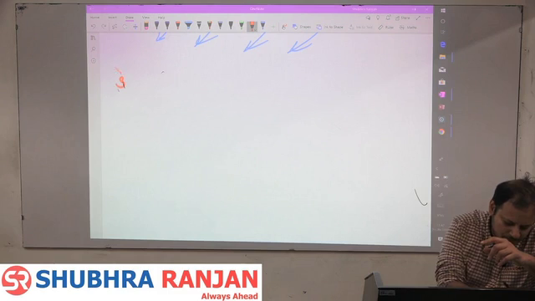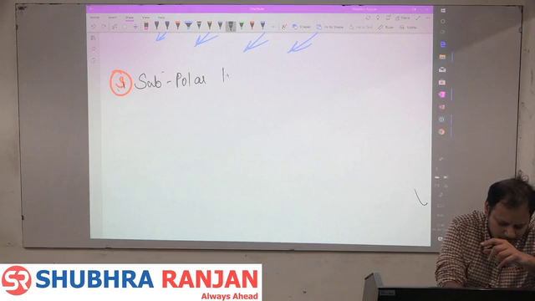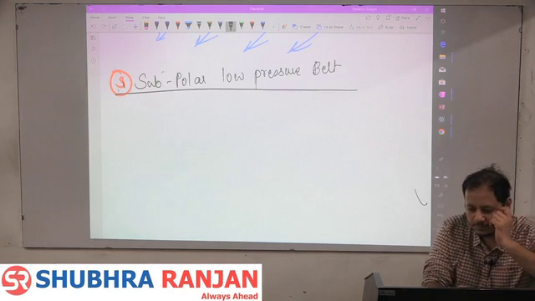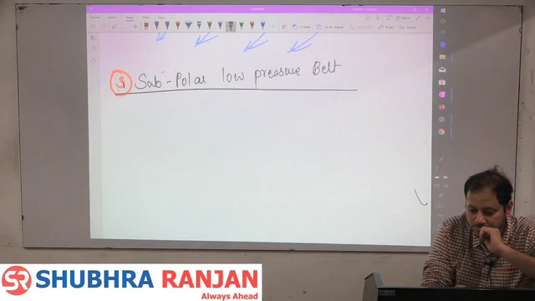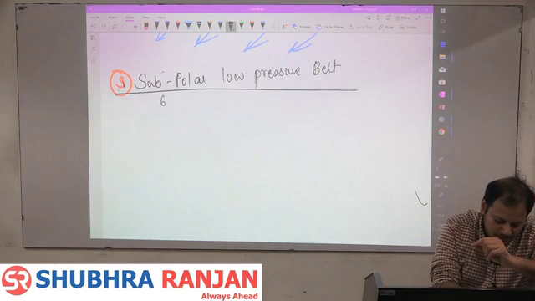Third, subpolar low pressure belt. It is located between 60 to 65 degrees north and south.